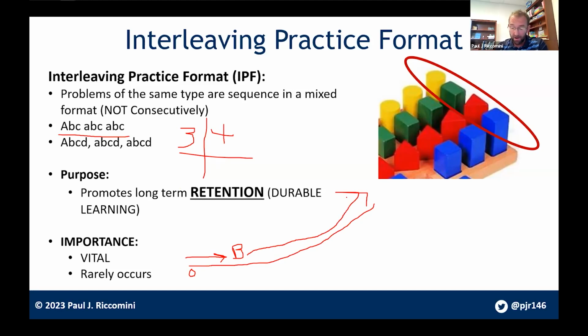Now, the higher they acquire the skill, the better. But it doesn't have to be 100% before we can think about interleaving practice. So once we get to this point where the kids have acquired it, if we don't give interleaving, then we get this forgetting curve.